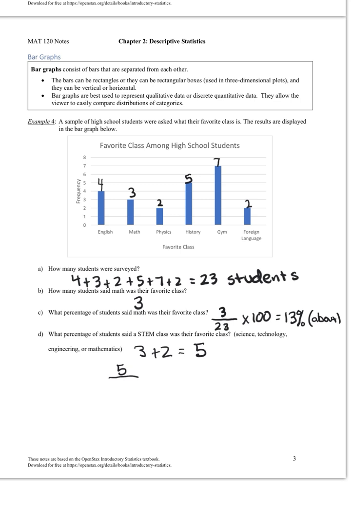So 5 divided by the total, 23, which would give us about 0.21, but since we want a percentage, we're going to multiply that by 100. And we will approximately get 21.74%.